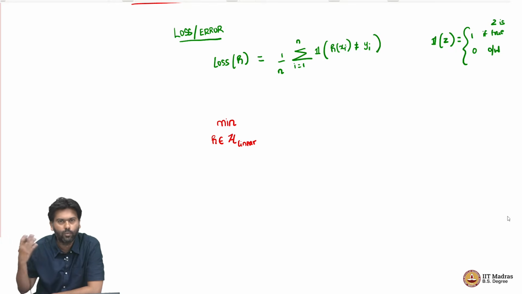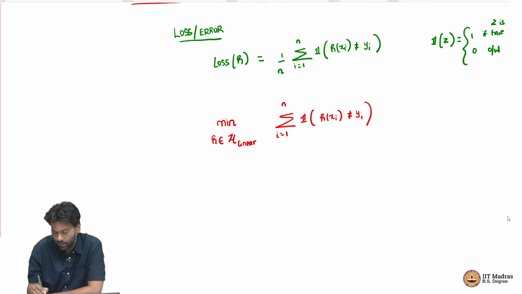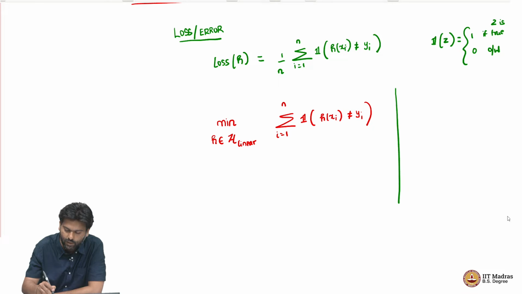It is slightly different from your usual regression case because of the nature of prediction. Sum over i equals 1 to n, indicator of h of x_i not equal to y_i. Well, what is h linear here? What do I mean by h linear? Well, by h linear I mean the following.